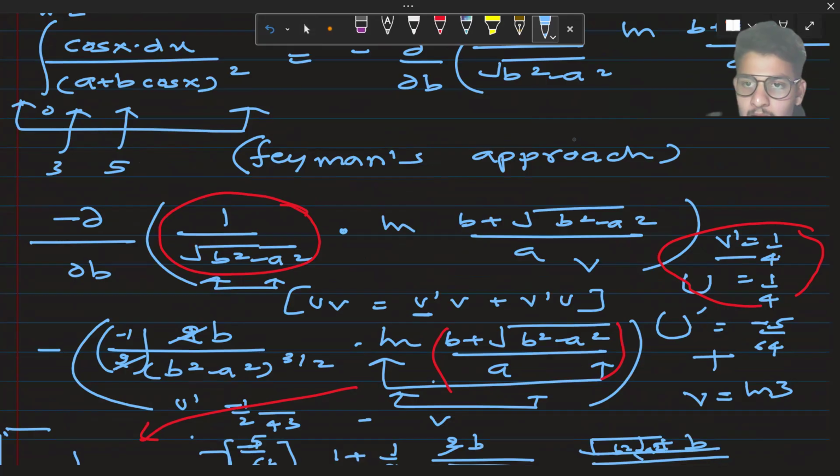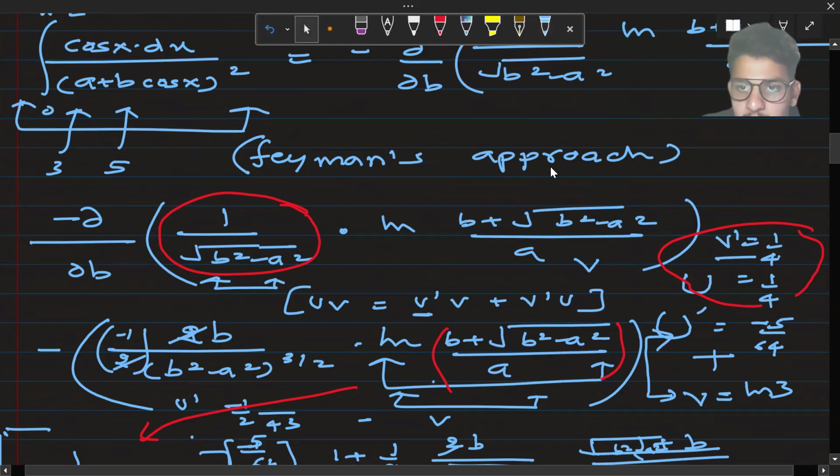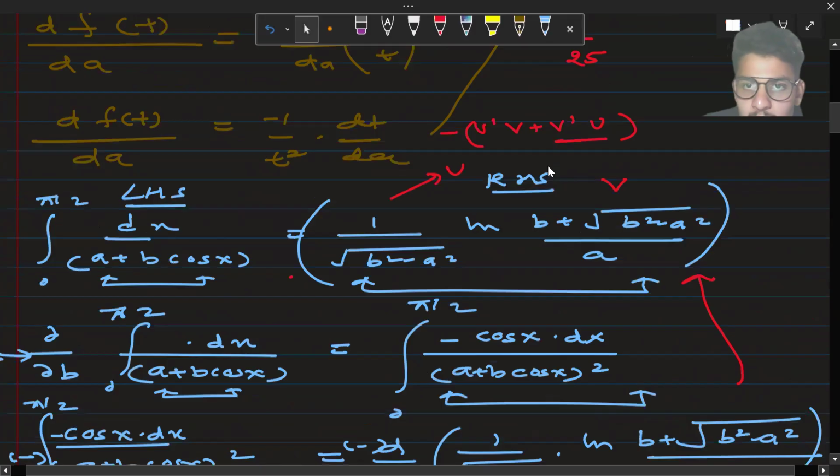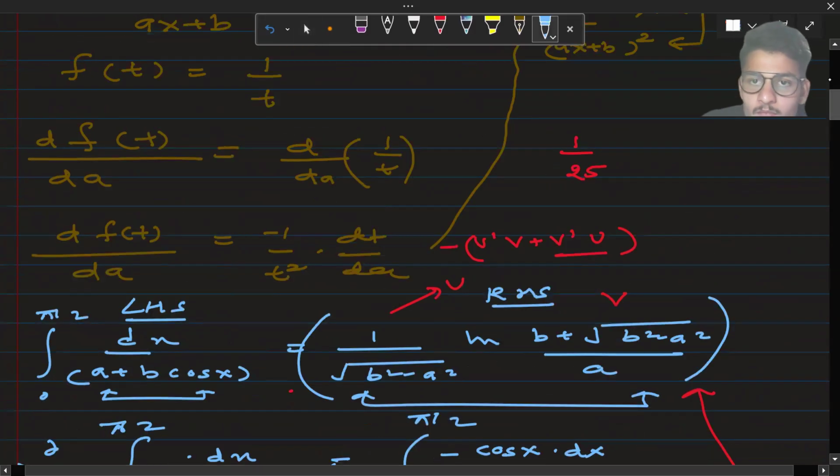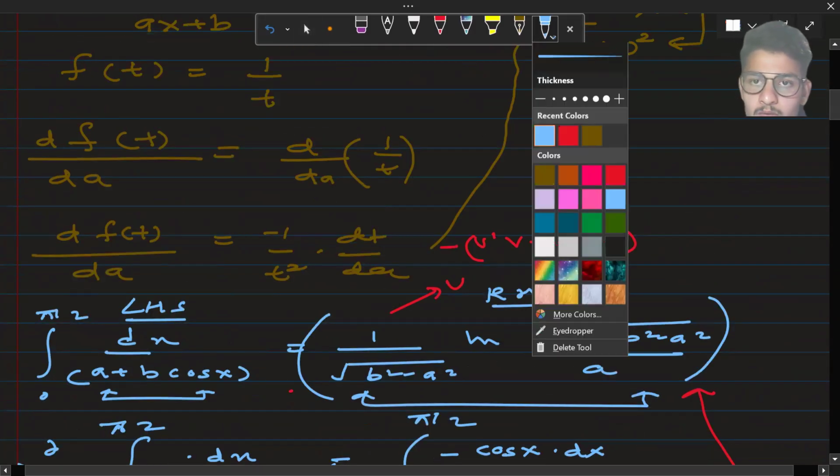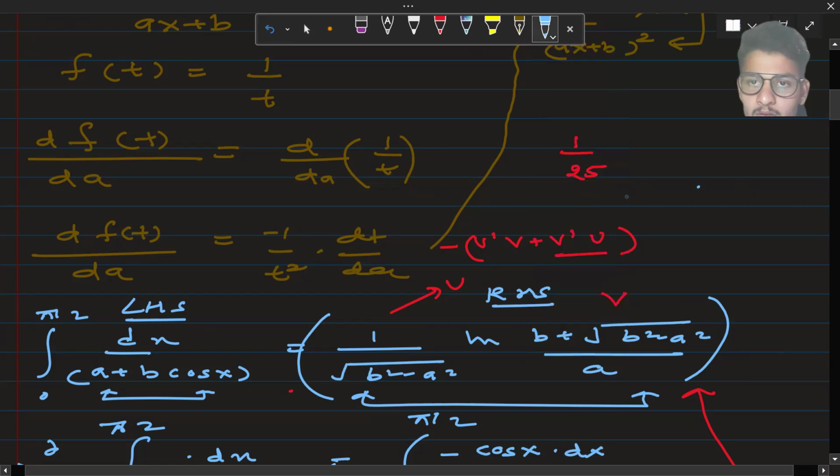And we will receive the answer as 1 by 16 minus, this is 1 by 16 because both of them are 1 by 4 and 1 by 4 only.